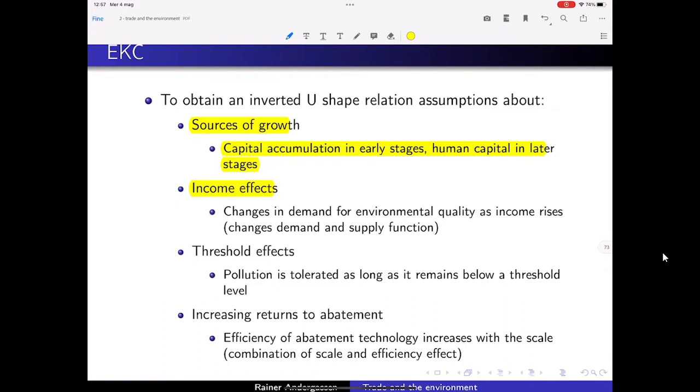Clearly, if you have a very polluted environment, this decreases the value of human capital. And if you have a lower value of human capital, individuals invest less in education, and therefore you have lower growth.